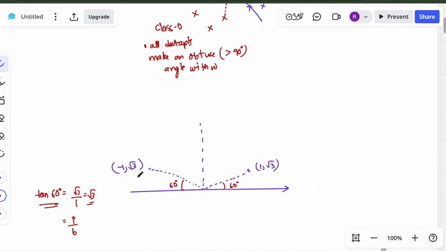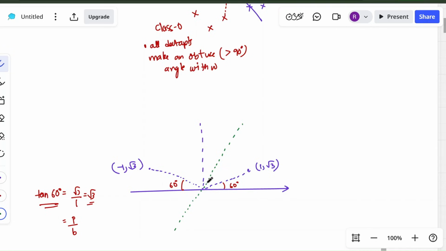So where can W be? In order to predict this data point correctly, W has to be, so let me take 90 degree from here, which will cross this and land somewhere here, and somewhere here.